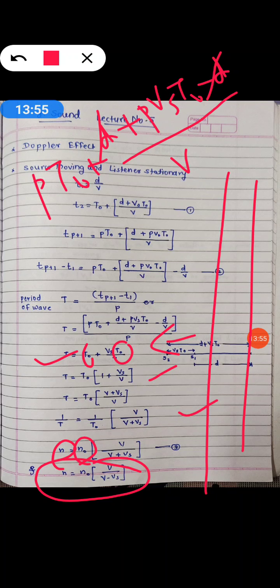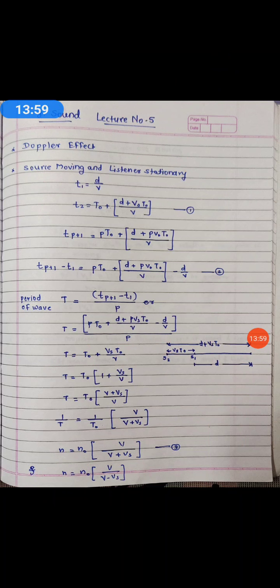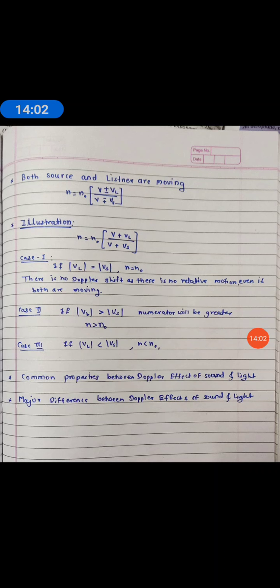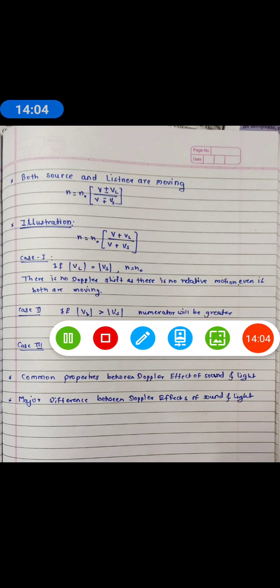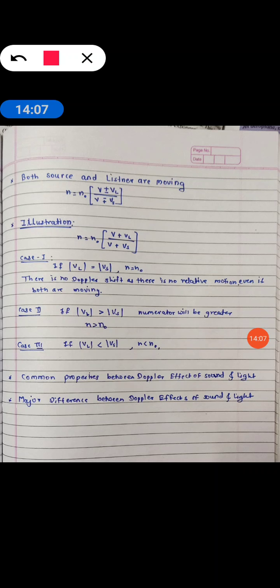This completes the first condition, that is source moving and listener stationary. Now we are going toward the second condition, that is both source and listener are moving. Both source and listener are in motion. In that case, what can we write? N is equal to N0 into bracket V plus or minus Vl divided by V minus or plus Vs. Here N is the frequency recorded by the listener and N0 is the frequency emitted by the source.